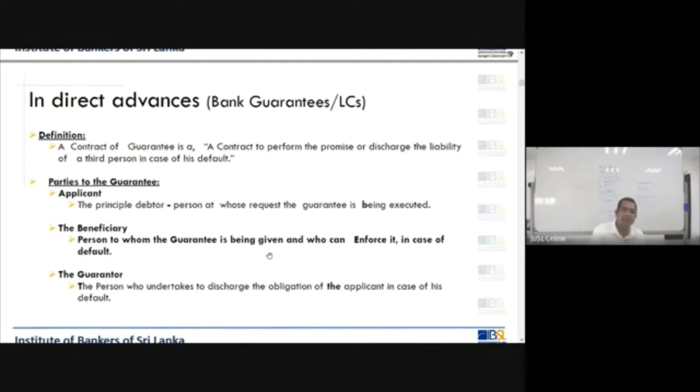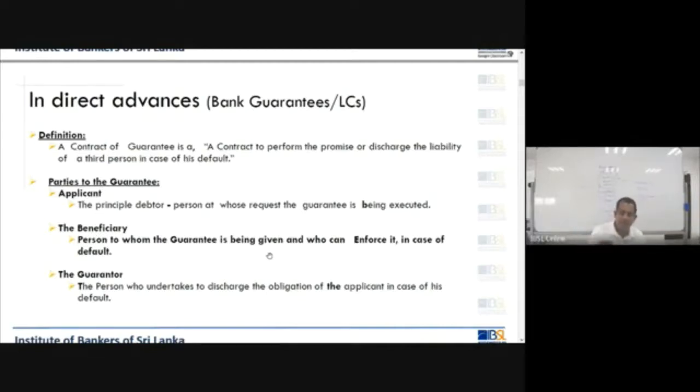The principal debtor, person at whose request the guarantee is being executed. Applicant is the customer, Mr. Pereira. Beneficiary, person to whom the guarantee is being given and who can enforce it in case of a default. It is the company, DSI.